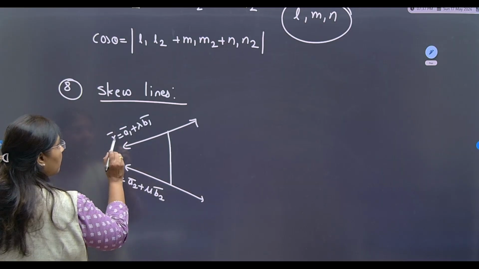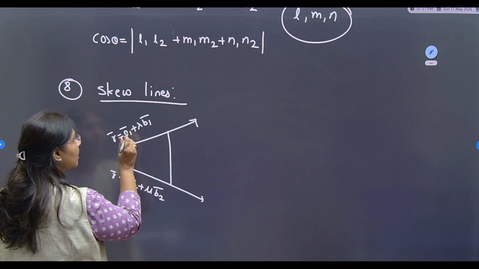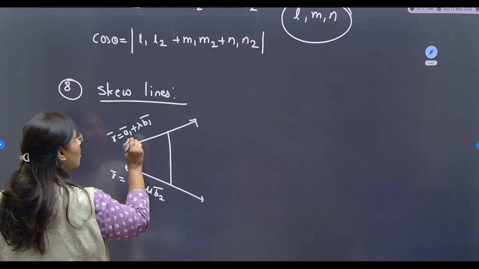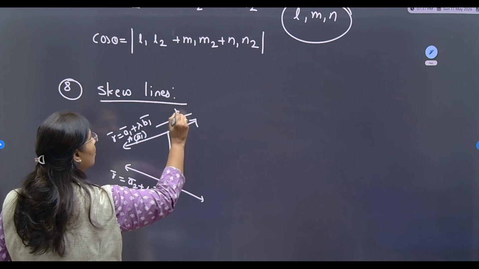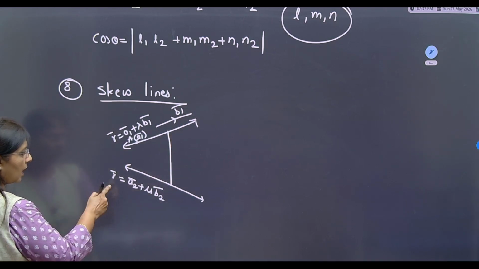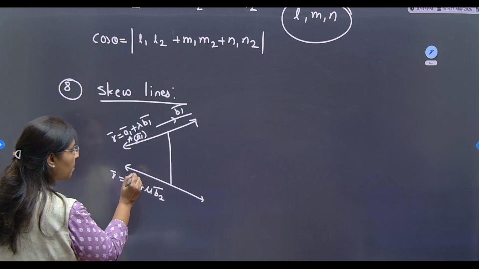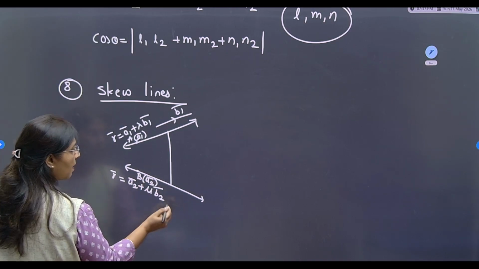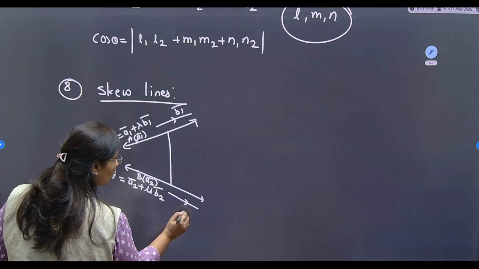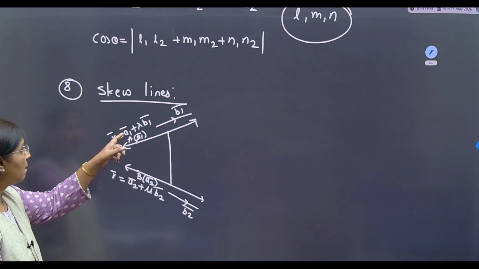Here r bar equals a1 bar plus lambda b1 bar means a line passing through the given point A of a1 bar and parallel to vector b1 bar. The second line, r bar equals a2 bar plus mu b2 bar, is a line passing through B of a2 bar and parallel to vector b2 bar. These are the meanings.